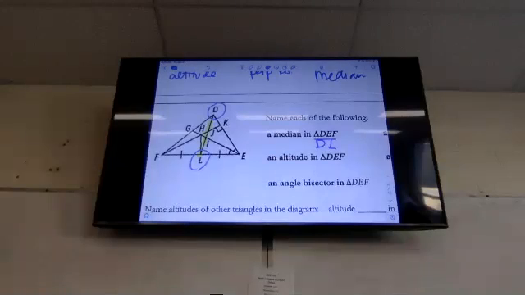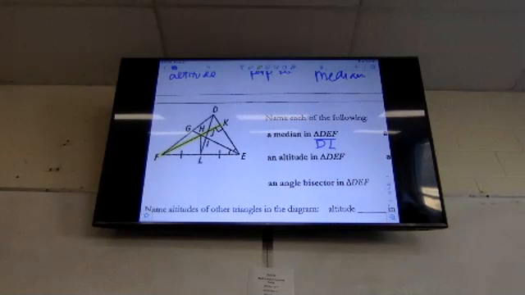Let's do an altitude of triangle DEF. You can go either way. You can say FK or you can say KF. Why did you say K first though, Macy? Why did you know K had to be involved?